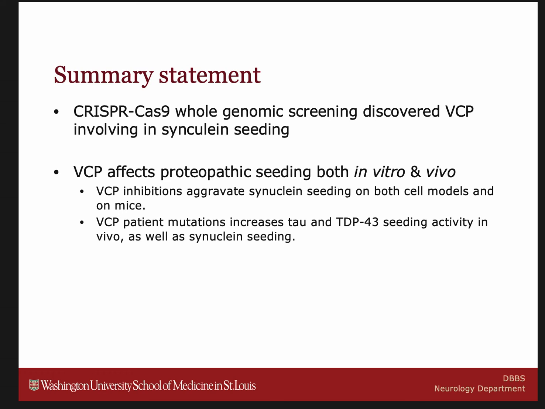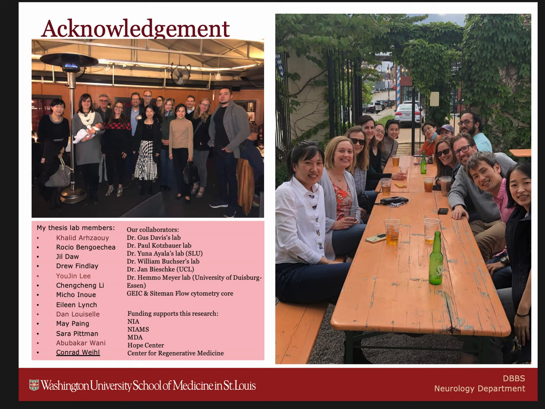First, VCP inhibition aggravates alpha-synuclein seeding, both in cell models and in mice. Also, VCP mutations increase TDP43 seeding and tau seeding. It suggests that VCP is a shared pathway for proteopathic seeding in general.